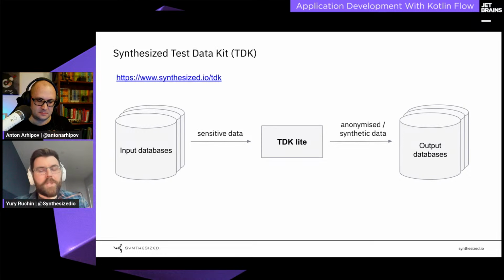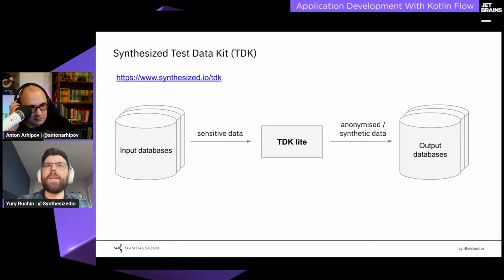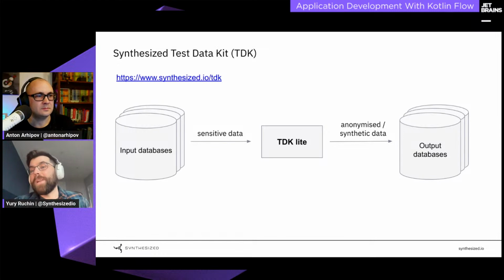But it's much more complex to actually preserve the qualities of data that would allow, for example, our services to run on top of the synthetic data and not break. The simplest example being emails must remain emails, usernames must remain names, right? Credit cards must also be credit cards in the output.